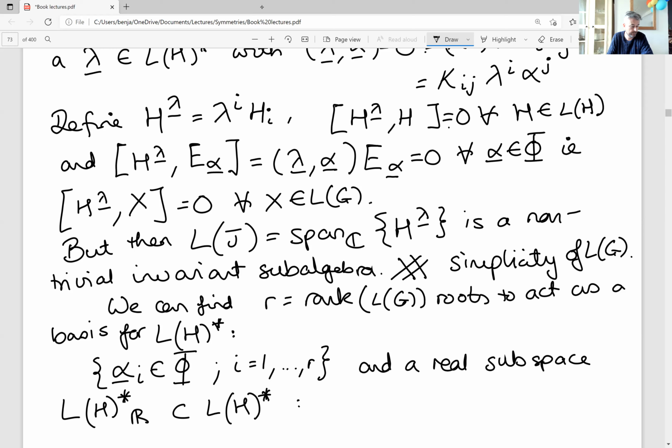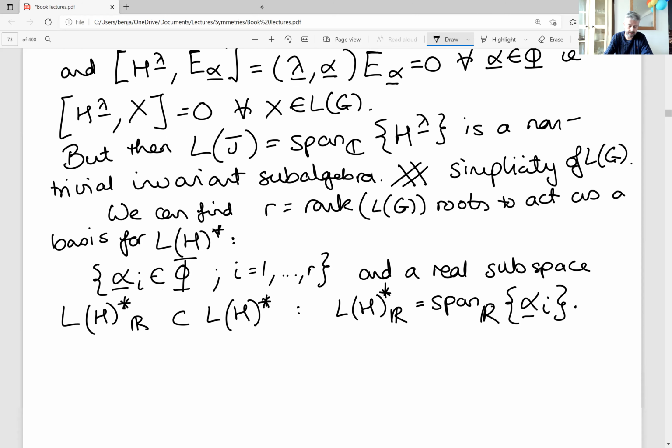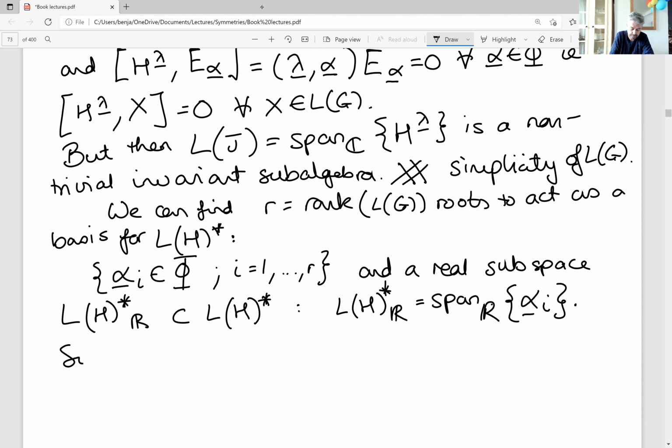And this is just the span over the real numbers of the alpha I. Okay, so since the alpha I span the dual space, any root can be written as a sum over this basis.